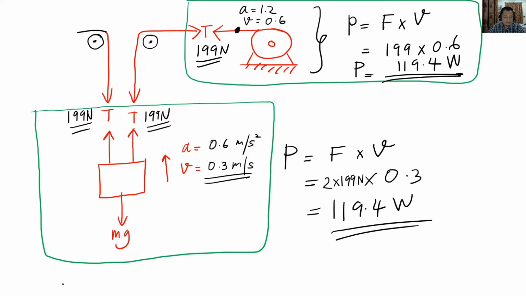But there's nothing that's quite magical. Power is the same. It's how you use the power in your design, in your systems. So this is very important for you to understand.